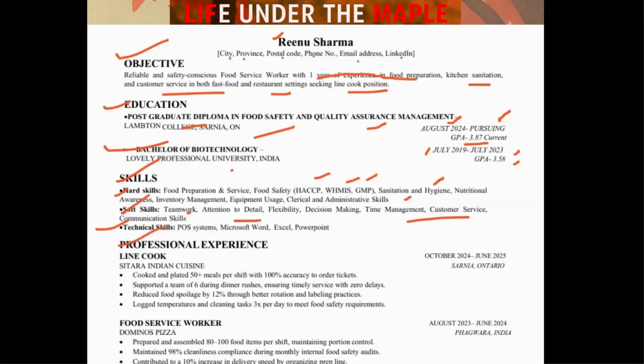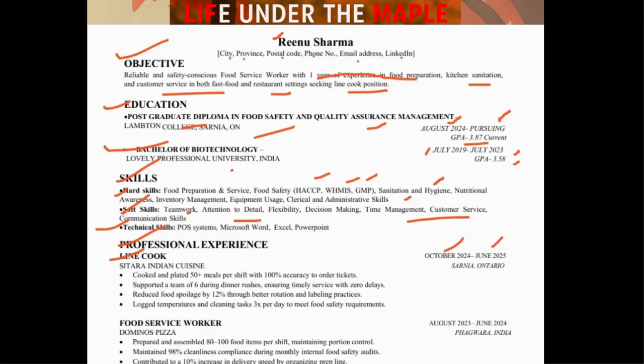In experience, she has worked as a line cook at Sitara Indian Cuisine from October to this date, and now she wants to work at another place. She doesn't want to continue at Sitara but is looking for another restaurant, so that's why she's creating a resume. If you do not have experience here in Canada, it's okay.